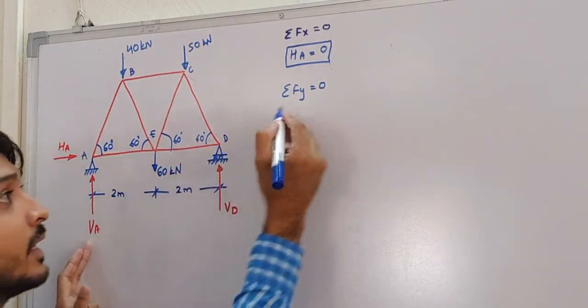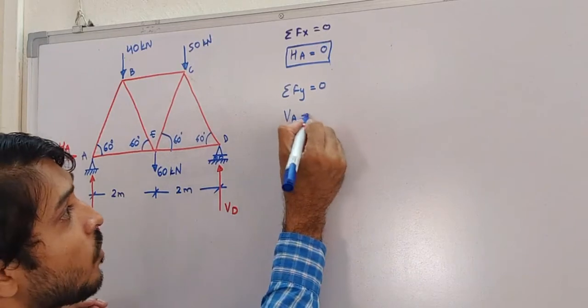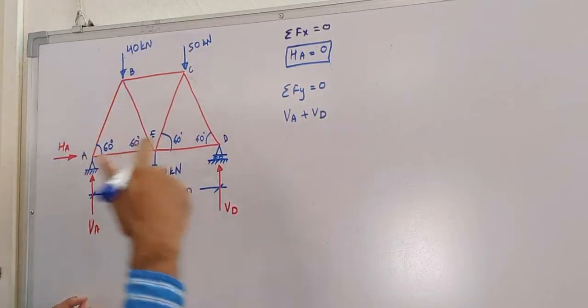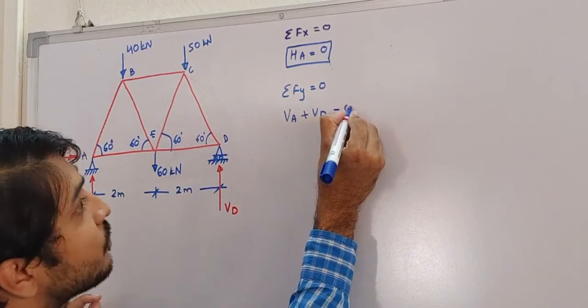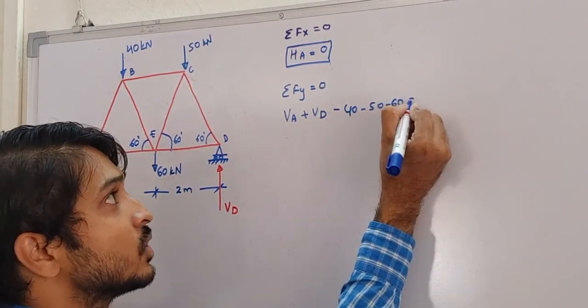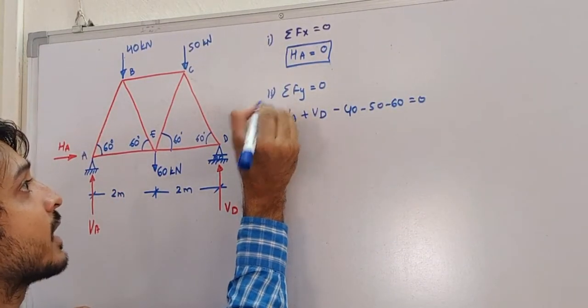There is one vertical at A and one vertical at D, and all these loads are coming down, so VA plus VD minus 40 minus 50 minus 60 equals 0. This is the first equilibrium equation, and this is the second.